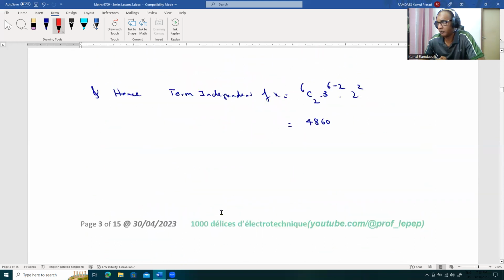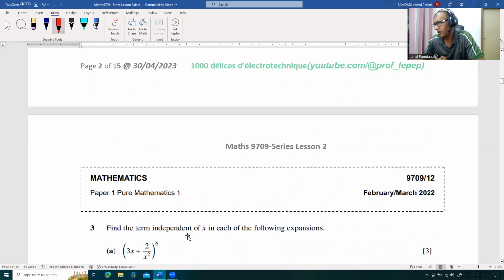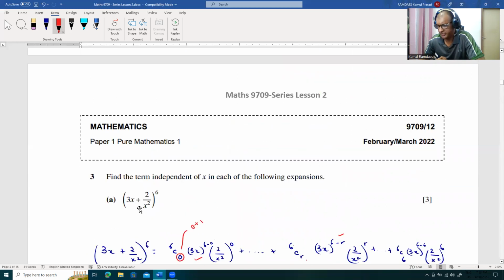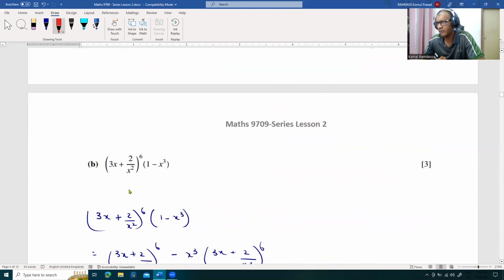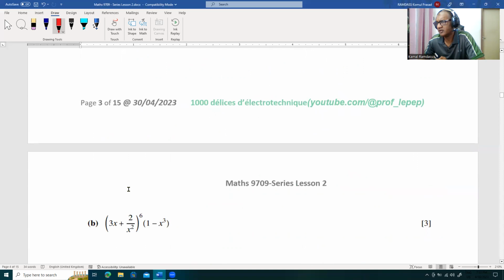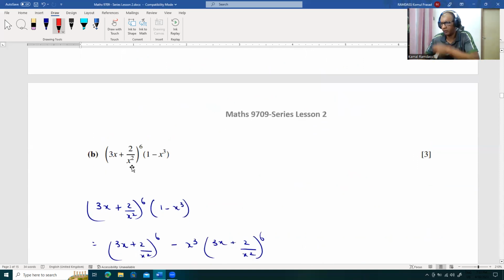On finit ça? Find the term independent of x in each of the following expansion. Ça, c'est au first expansion. Deuxième binomial expansion. It is sa première binomial expansion qui nous gagne là, multiply by 1 minus x to the power of 3.